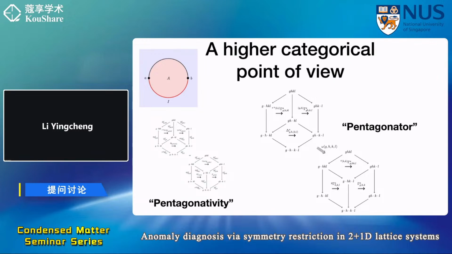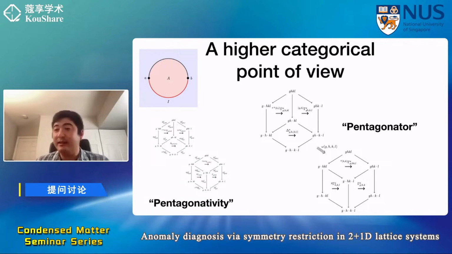Oh, I see. So basically this pentagnator is the same thing as the pentagon identity on the boundary. Yeah, that's right.